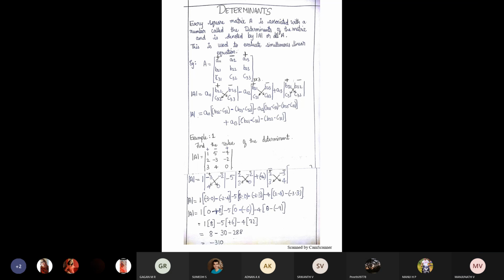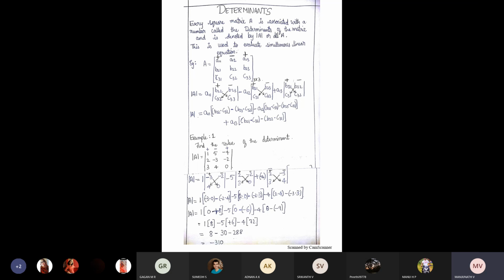You can look at this writing of Sumedh. He has written it beautifully. And even Srikanth has done it. Both of them did well. You can copy any one of these.